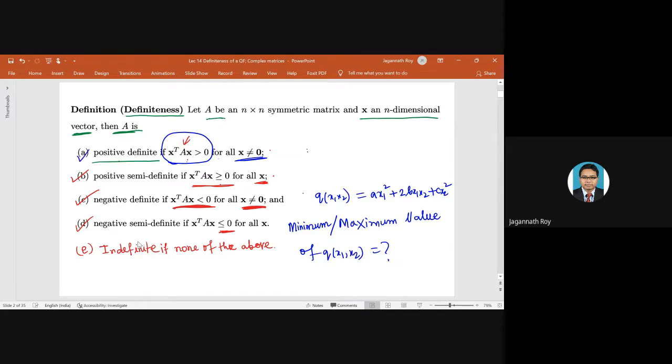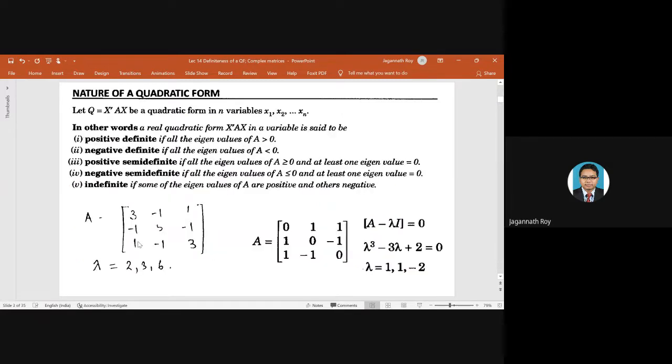So from this definition, verifying whether this quadratic form is positive definite or negative definite is not an easy task. So we need a shortcut method. So what is the shortcut method? Previously we know about the eigenvalues of a matrix, and how to find them.